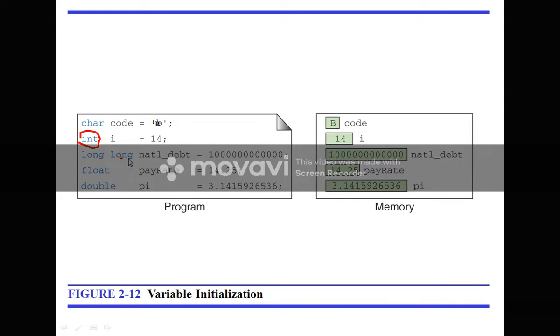Next is long national debit. So this value is a 1,000 crore value. So to store this value we are taking the data type long. Again float pay rate is equal to 14.25. So this 14.25 is a decimal value.